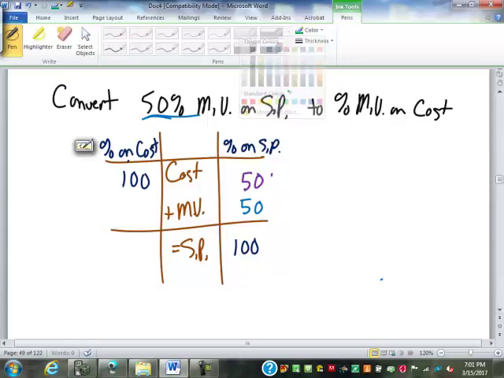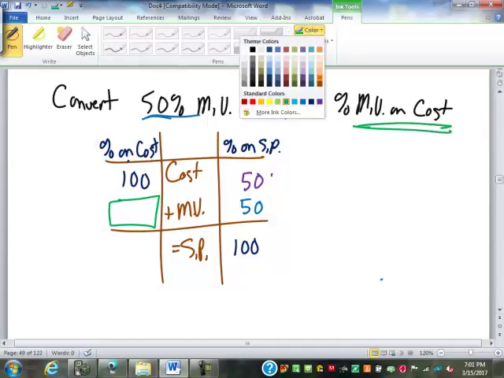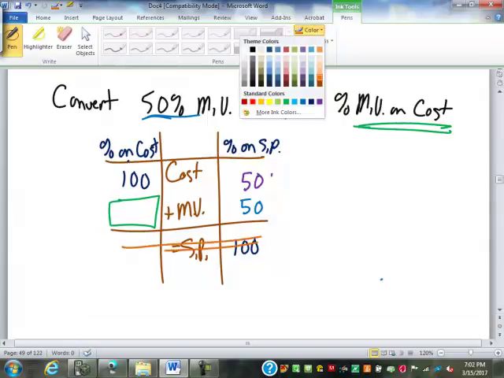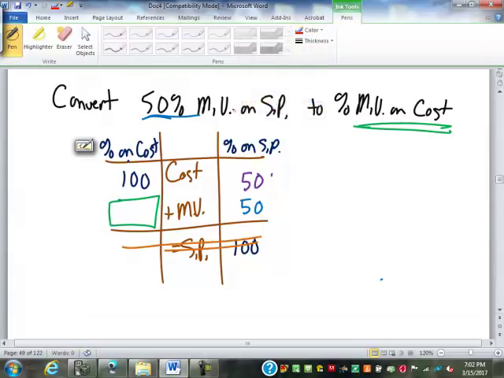And I am looking for the markup on the cost side. So, I don't need the bottom line. I will cross multiply and divide. 100 times 50 divided by 50. That's 100. This is a 100% markup on cost.